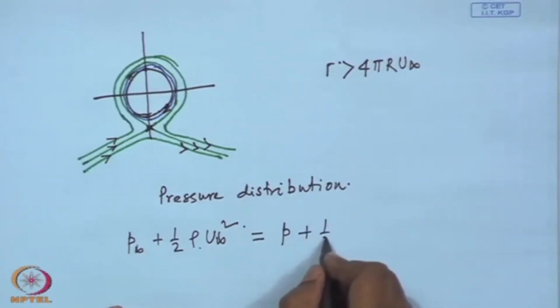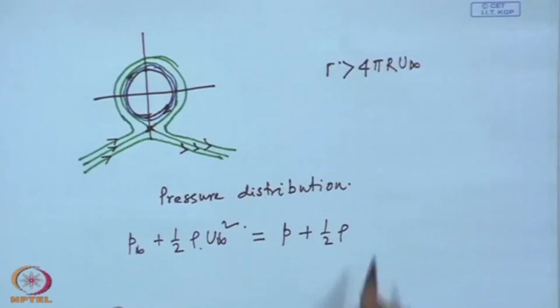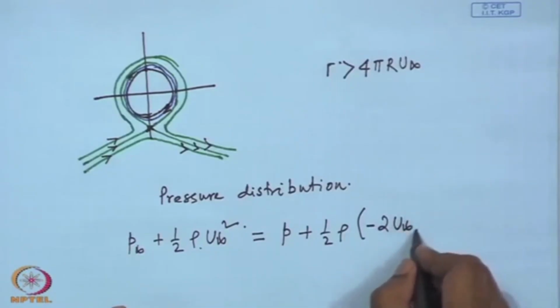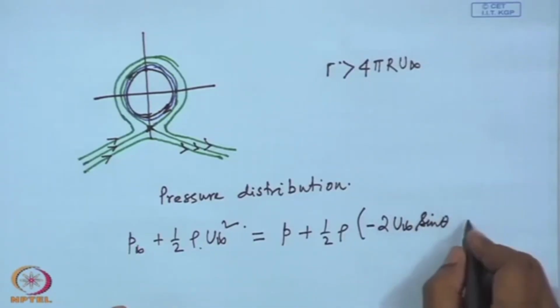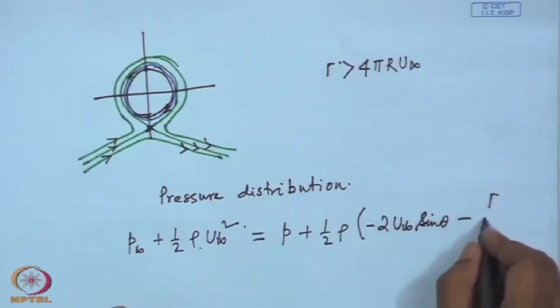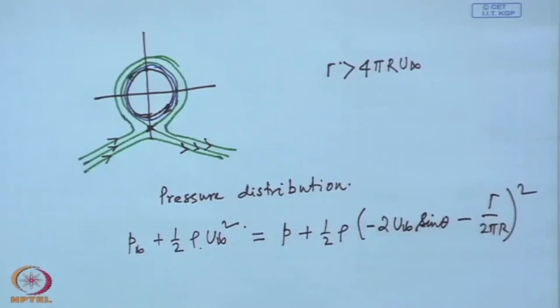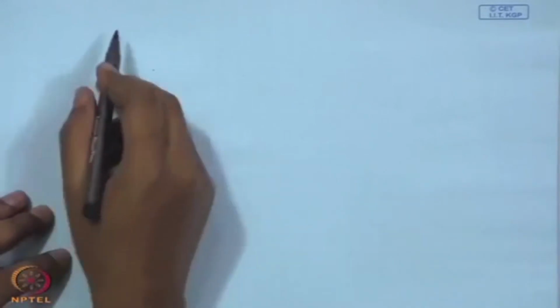So, how much is that? Half rho, how much is that velocity? Minus 2 u infinity sin theta minus gamma by 2 pi r. So what it will be? P minus P infinity.